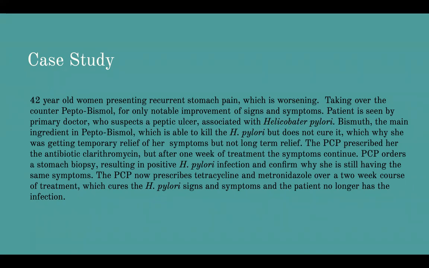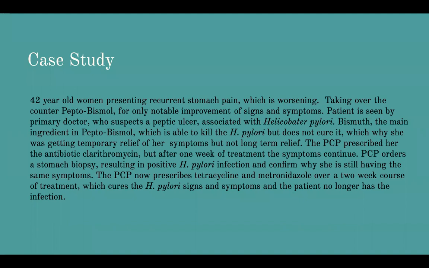The patient is seen by the primary doctor who suspects a peptic ulcer associated with Helicobacter pylori. Bismuth is the main ingredient in Pepto-Bismol, which is able to kill the H. pylori but does not cure it, which is why she gets temporary relief of her symptoms but not long-term relief.